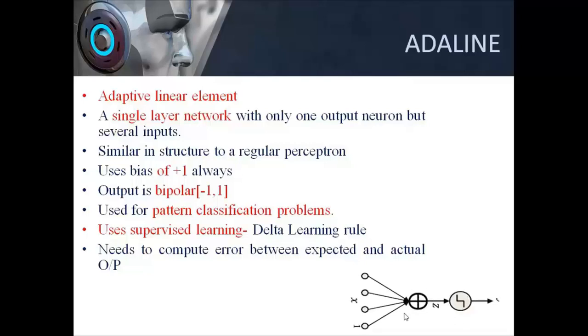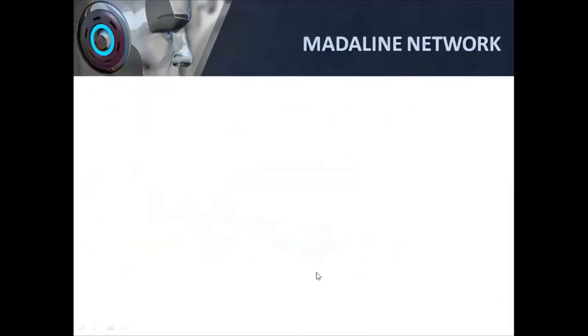This is again the model. Inputs are coming, all these are weighted through this weight matrix. There is an output coming from the summation unit, and again a bipolar thresholding function is applied. So not much difference in the working, only differences in the learning, which we have to see when we go through the learning rules.